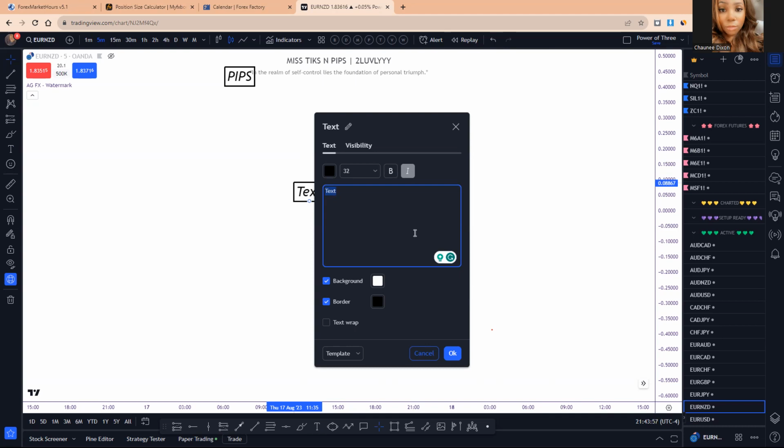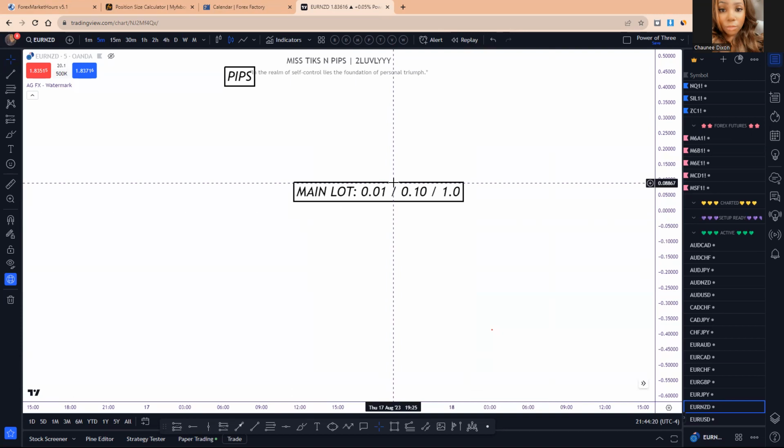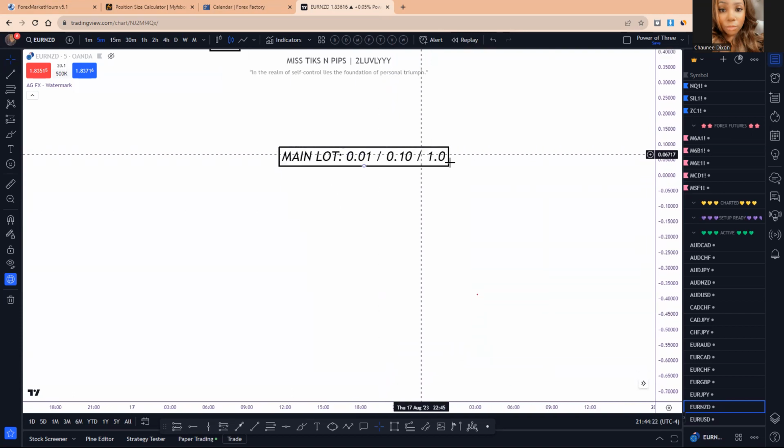The main lot sizes that are used are 0.10, 1.0, and I forgot the lowest one, 0.01. Okay, so those are your main lot sizes: 0.01, 0.10, and one standard lot.